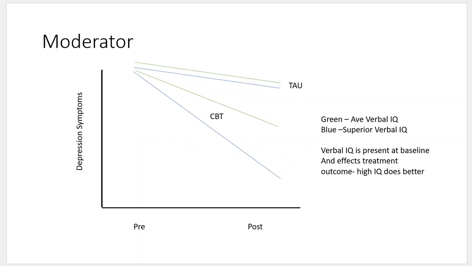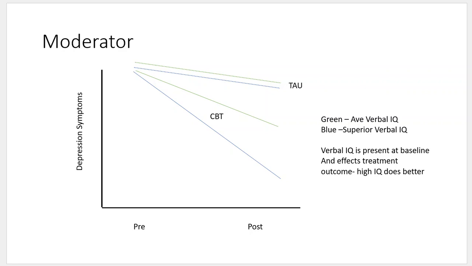Now that's to be distinguished from a moderator. Well, let's take an example. Doing CBT generally requires a lot of cognitive effort, doing homework and whatnot. So suppose we measure everybody's verbal IQ at entry into the study, and we divide our people into those that have an average or above verbal IQ and those that have a superior verbal IQ.